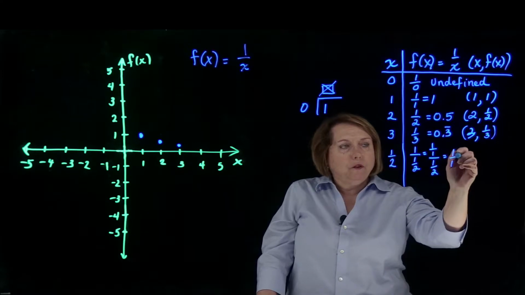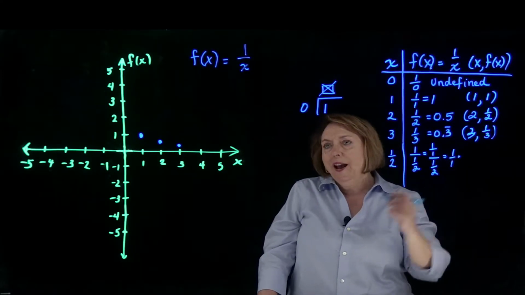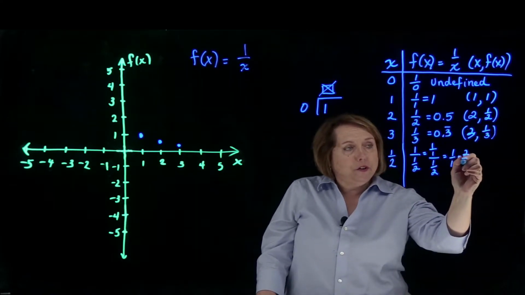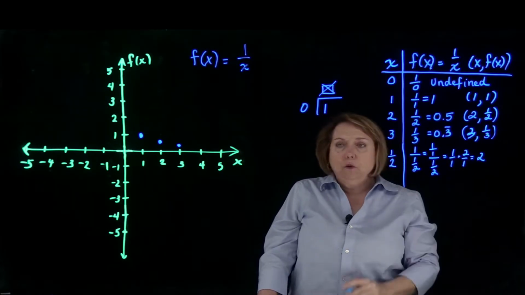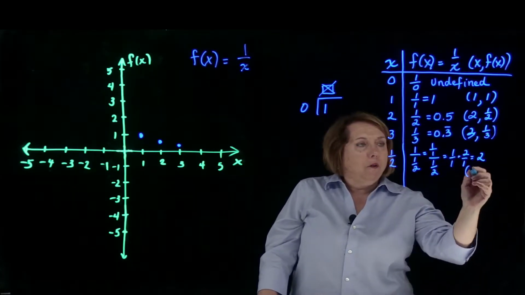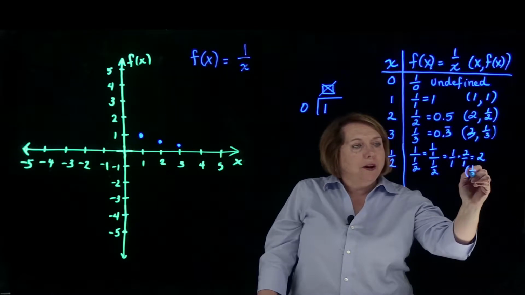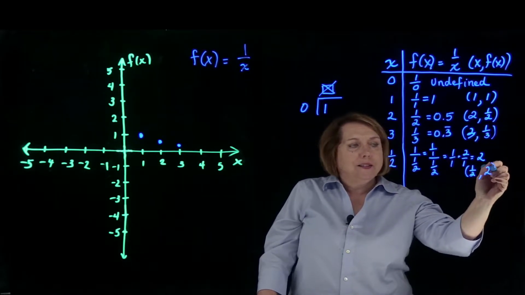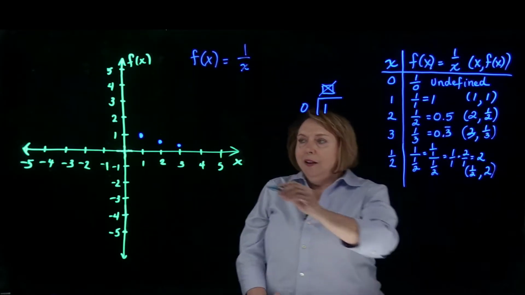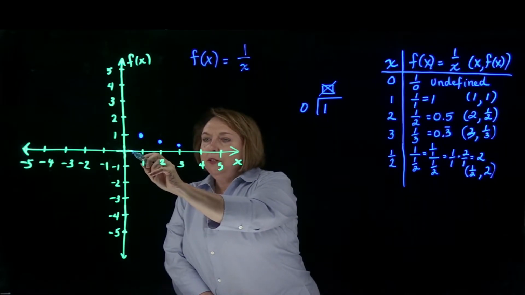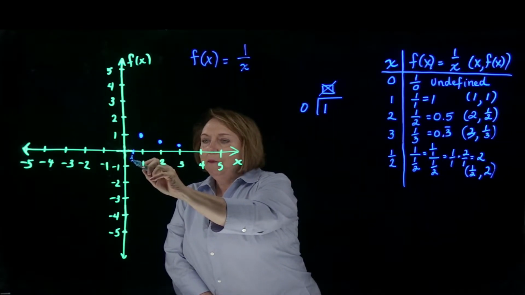So you'll have 1 over 1 times the reciprocal of 1/2, which is 2 over 1, or 2. And this is going to be equal to 2. So our ordered pair, if x is 1/2, our f of x is 2. So 1/2 would be right between 0 and 1, about right there.